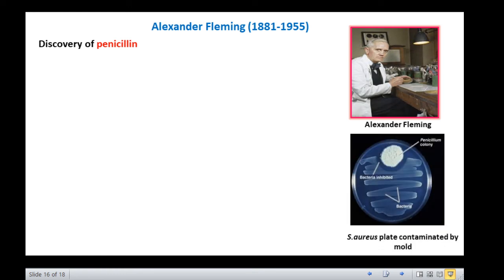Although the species of the mold was unknown to Fleming then, he did observe that it was inhibiting the bacterial growth. Students, note the zone of inhibition around the mold colony. Subsequently, Fleming isolated an extract from the mold and he named it penicillin.